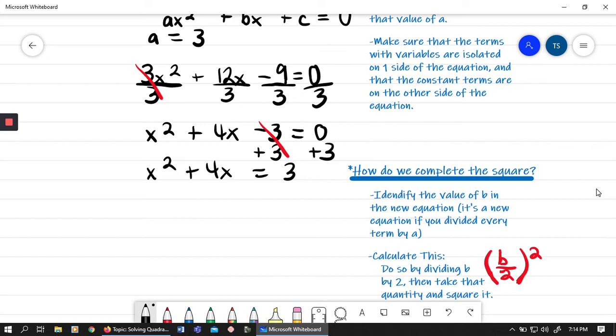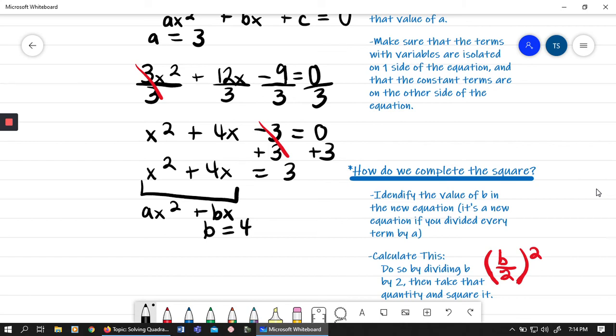But anyway, we can identify what the b is here. I'm just going to write out this part, the ax squared plus bx. And in that form, b is 4.